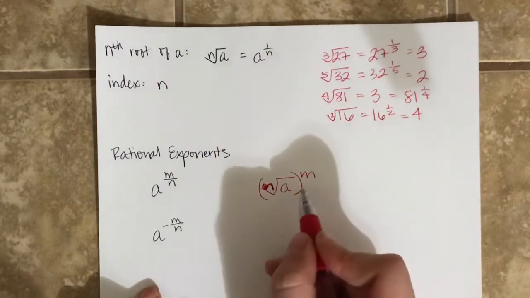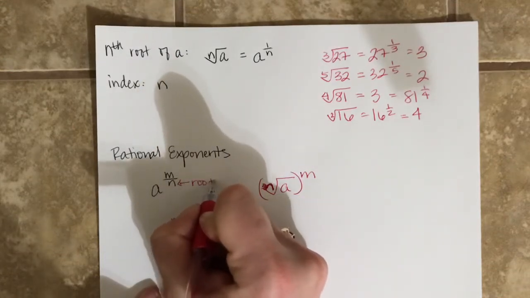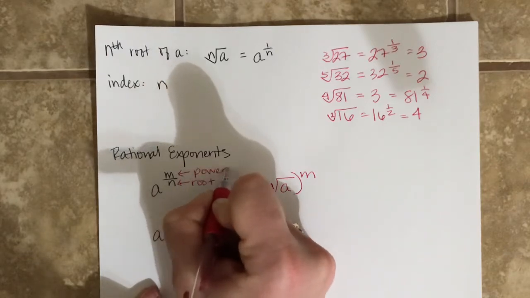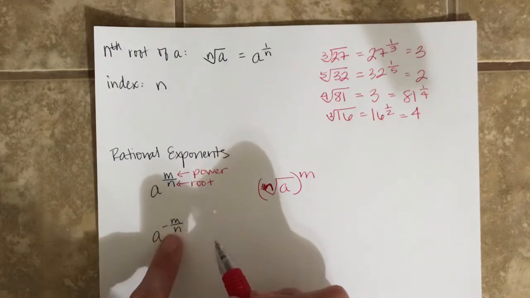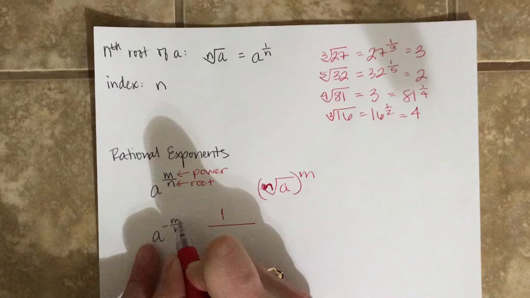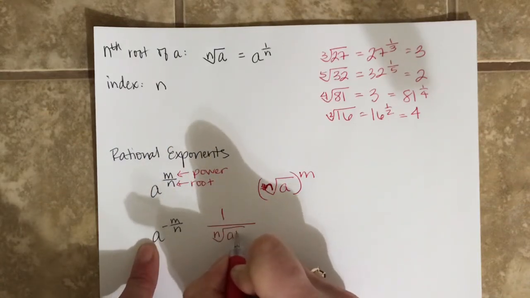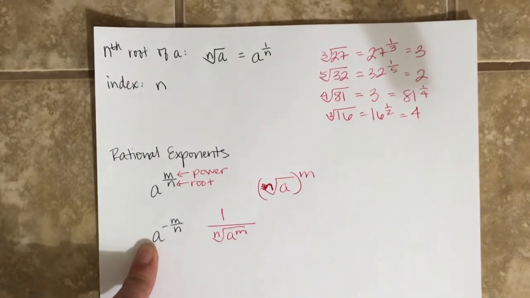So what this means is that n is your root, or the index, and m is the power. And if the exponent is negative, that just means that all of this is happening in the denominator. So this means 1 over the nth root of a to the m. So let's look at some examples of that.